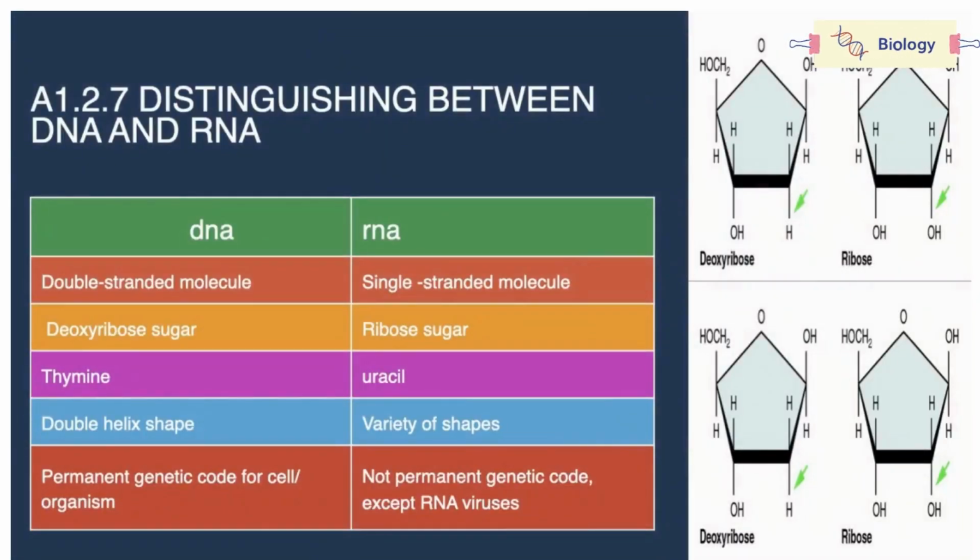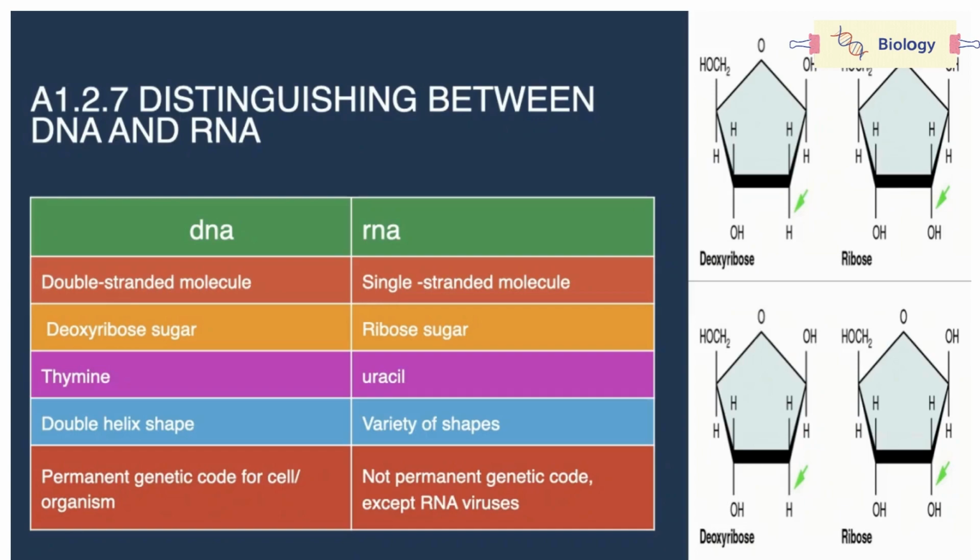Distinguishing between DNA and RNA: the number of strands present, the type of nitrogenous base, and the type of pentose sugar are different in DNA and RNA. DNA is a double-stranded molecule, whereas RNA is a single-stranded molecule. DNA has the deoxyribose pentose sugar, whereas RNA has ribose sugar.